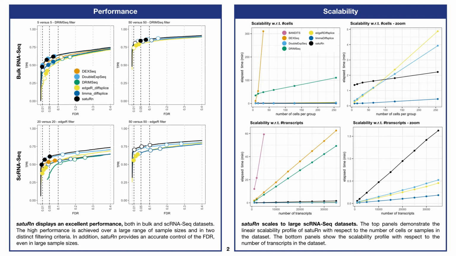On the bottom 2 panels, we display the scalability with respect to the number of transcripts in the dataset, while keeping the number of cells in the data fixed. Here, we observe that BANDITS scales particularly poorly to the number of transcripts in the dataset. In contrast, satuRn scales seamlessly to datasets with a large number of cells and a large number of transcripts.